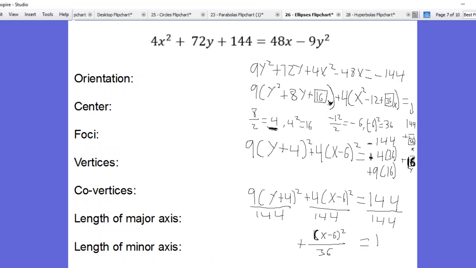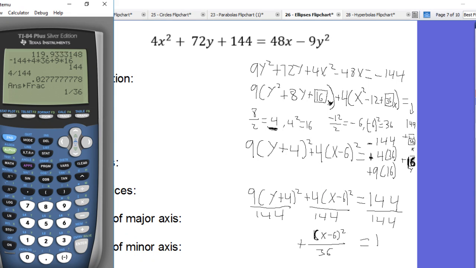Okay, so 4 over 144 is 1/36. So this will simplify to x minus 6 squared over 36. And 9 over 144 is going to be, convert that to a fraction, 1/16.